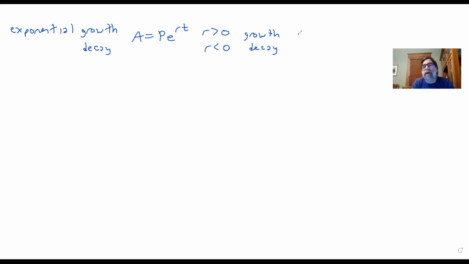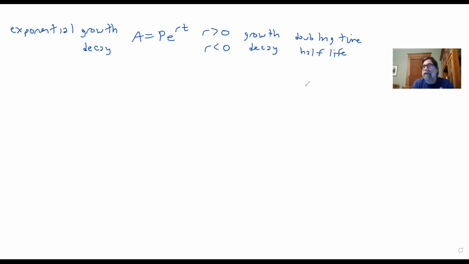With growth, we talked about doubling time. Every single exponential function of this form has a corresponding doubling time. And that's really, as I mentioned last time, what makes an exponential function, kind of the definition of an exponential function. And for decay, we have what's called a half-life.